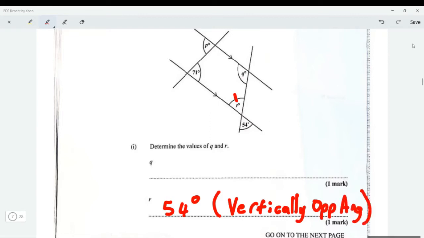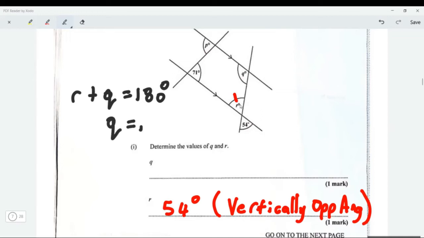And then, because these 2 lines are parallel, what else do we know? We know that co-interior angles sum to 180. So what does that mean? That means that angle R plus angle Q is equal to 180 degrees, because co-interior angles add up to 180 degrees, but R is 54.